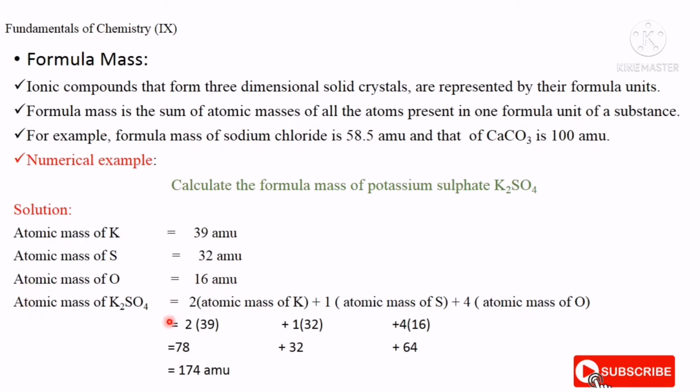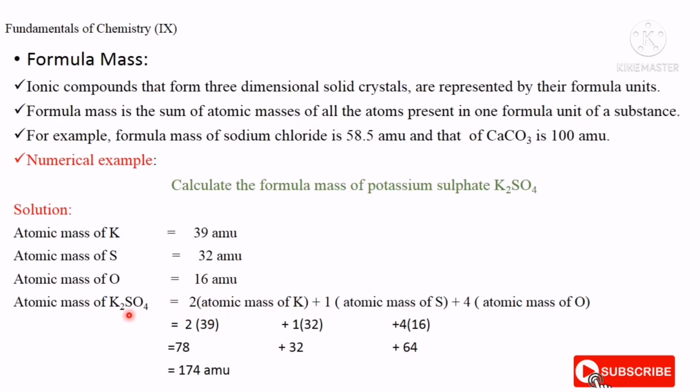So for the formula mass of potassium sulfate K2SO4, we have to multiply the atomic mass of each atom with the number of that atom in the formula unit. There are two atoms of potassium, so the atomic mass of potassium is multiplied by 2.